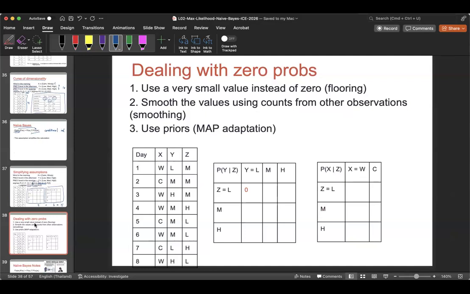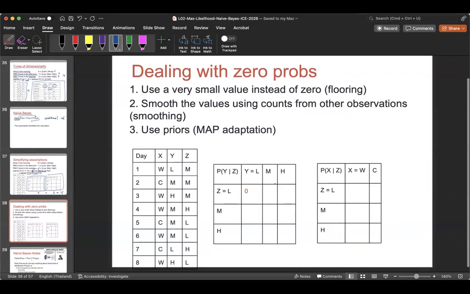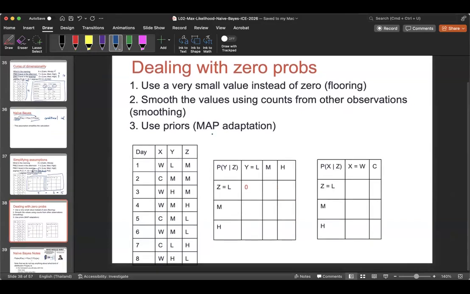But even if we break down the problem here, since we only have 9 data points and 15 parameters, you still get some zero probability.